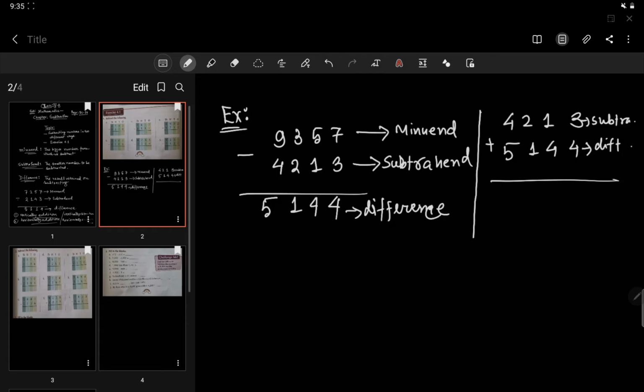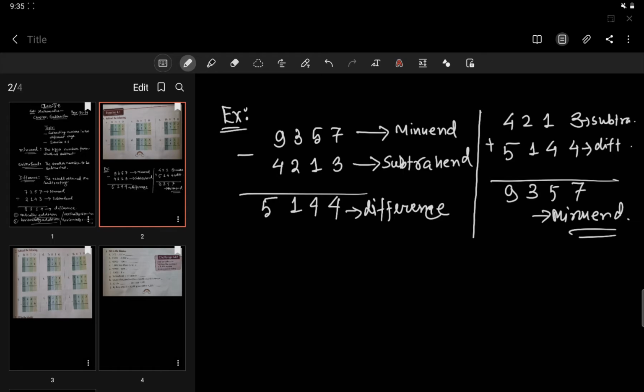If you add them, then we will get the minuend. So after subtracting, whatever result or difference you get, if you add the difference to the subtrahend, you will get the minuend.